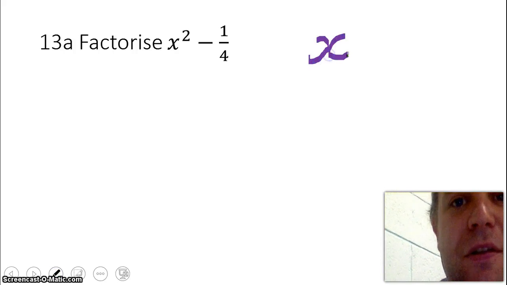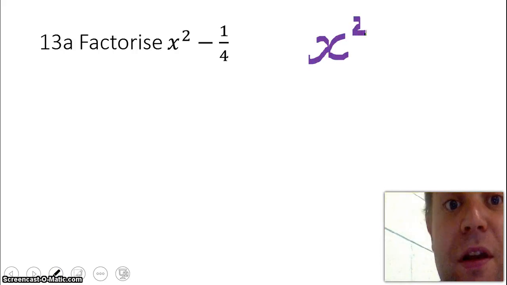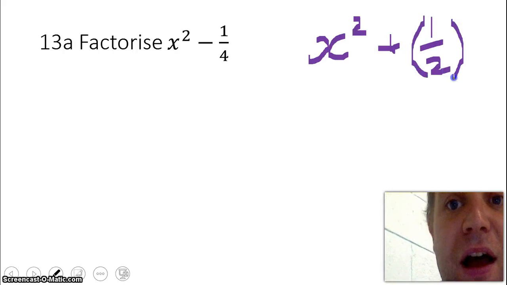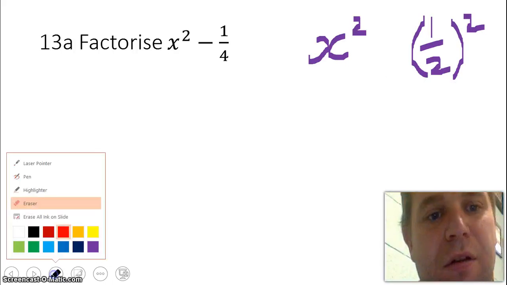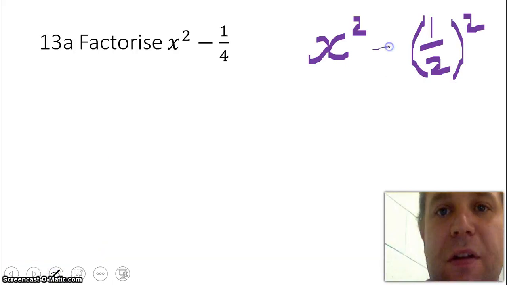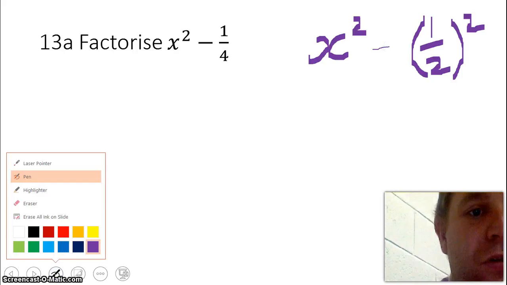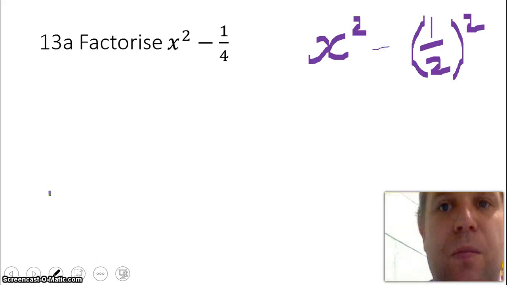So we've got x squared, and we've got 1 over 4, which is actually, when you work it out, a half squared. I should know by now to do those properly. So I've got to fix up my mistake there. I had a negative there, which it should have been, rather than a positive.